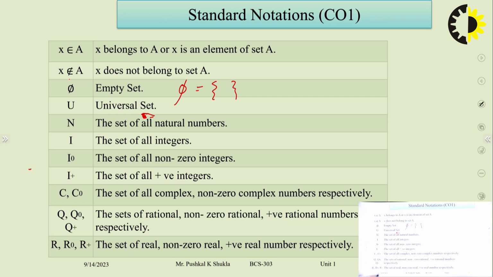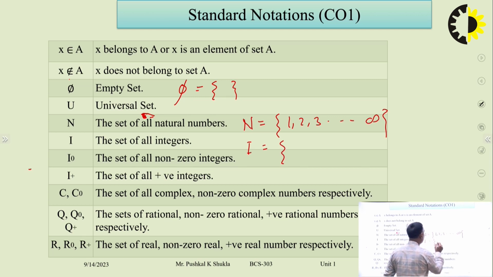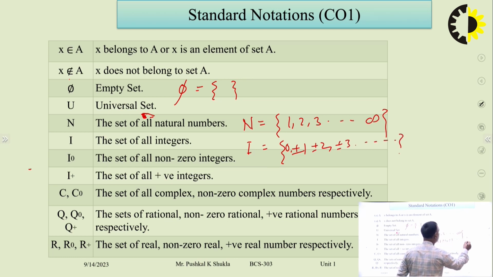This is the universal set, which is represented by U. N is the set of natural numbers, like N equals 1, 2, 3 up to infinity. So all these elements come under natural numbers. The set of all integers I equals plus minus 1, 0 is also there, plus minus 2, plus minus 3, and so on.